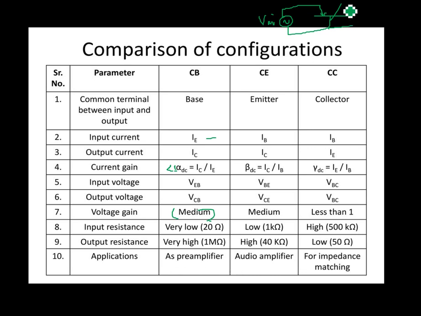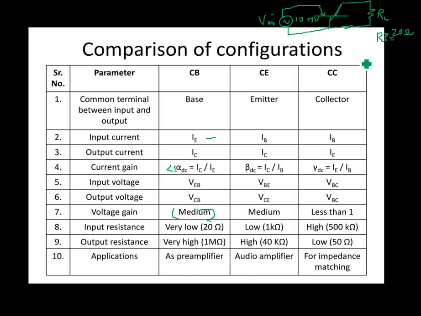This is common base, and in this configuration I am taking the output across a load resistance RL. So this V in, if I take it as say 10 millivolt, and the input resistance Ri of this common base configuration, suppose it is 20 ohm.